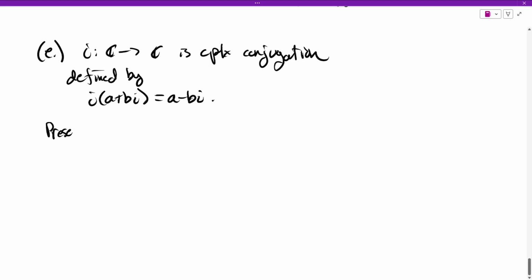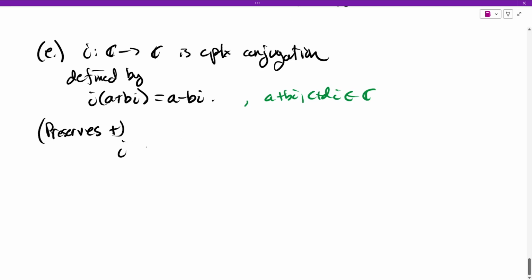Let's check to see what it preserves and what it doesn't preserve. Throughout, a plus bi and c plus di are going to be two complex numbers.